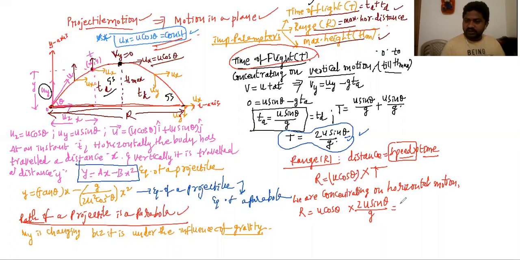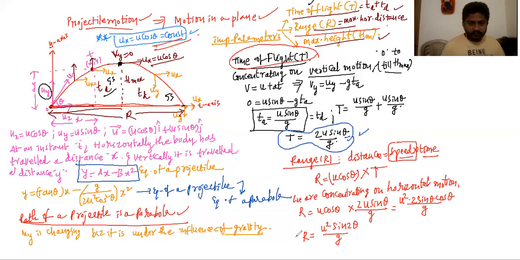This expression I can write as u square into 2 sine theta cos theta divided by g. So finally, the range of a projectile is u square sine 2 theta divided by g.